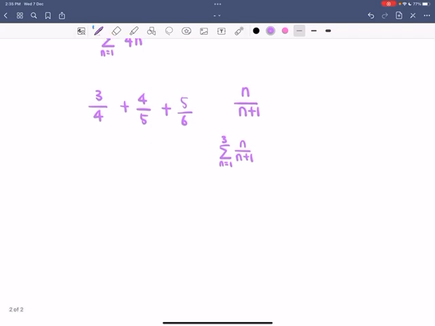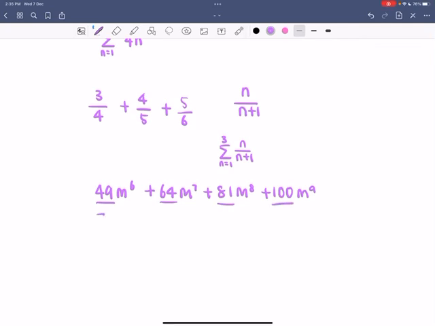And the last one is, so to find the rule or the general term, the first thing I would notice is that this is a square number.